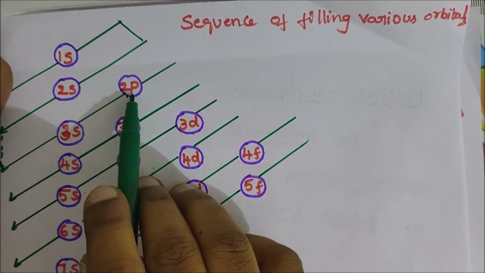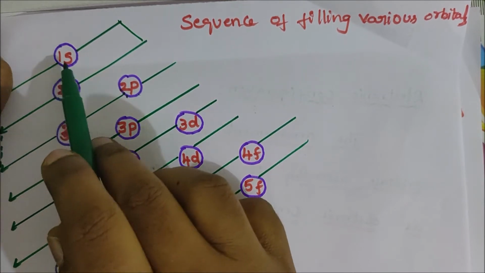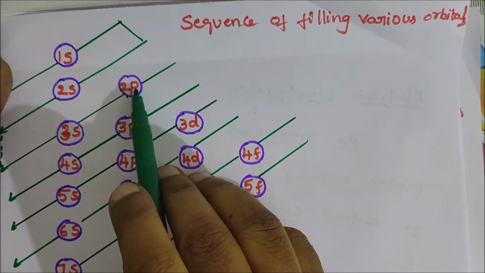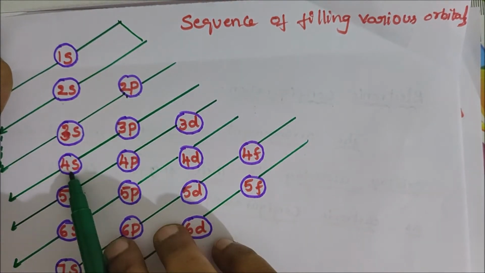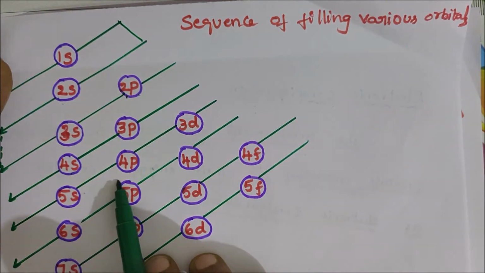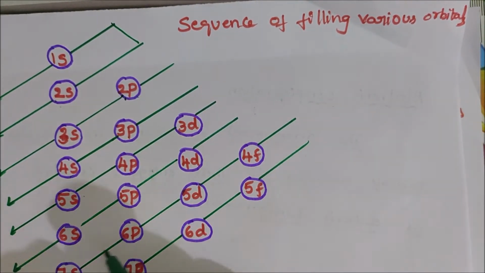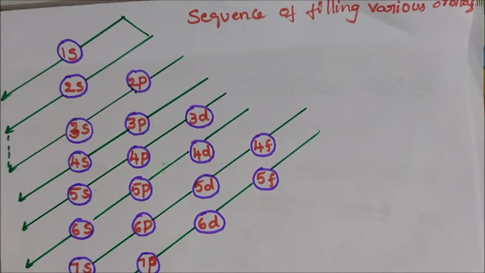So 2s and 2p have the same energy. After filling 1s, 2s, 2p, then 3s, 3p, and next 4s, and then 3d, 5s, 5p. This is the sequence of filling various orbitals.